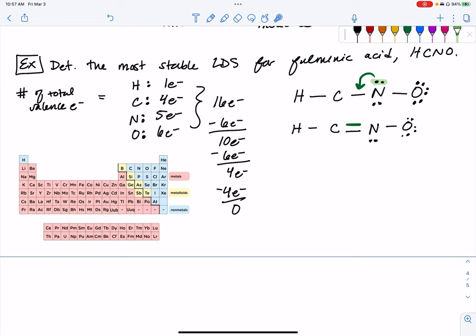Let's see if that fixed our octet issue on carbon. 2, 4, 6, not quite.